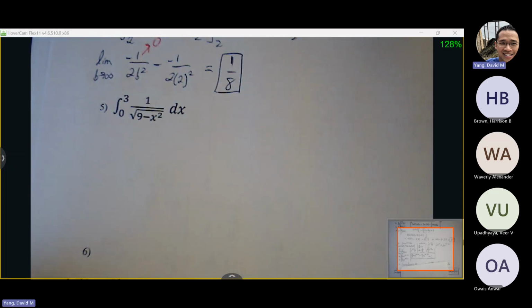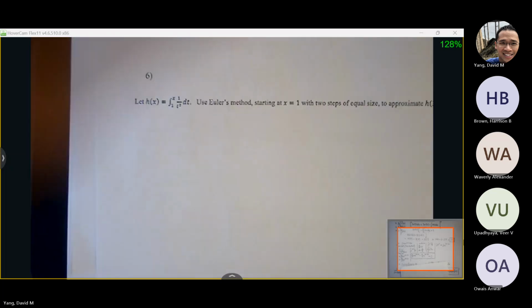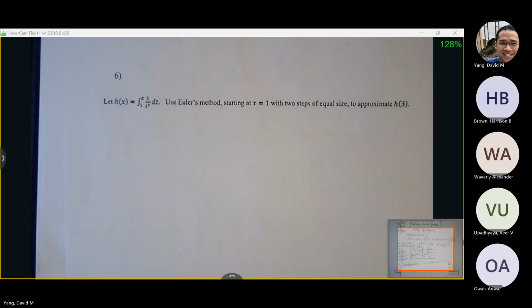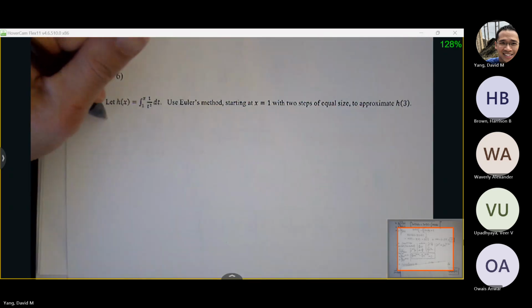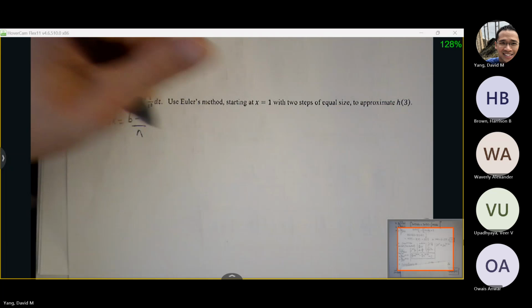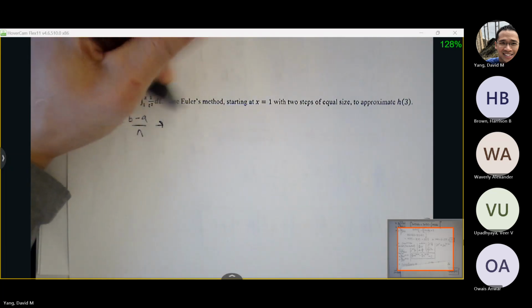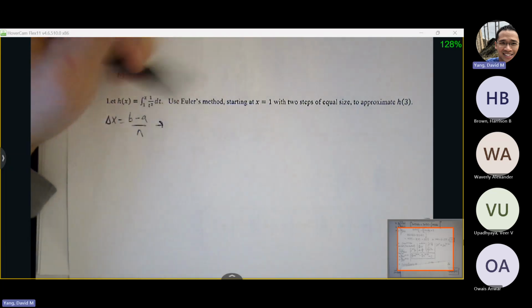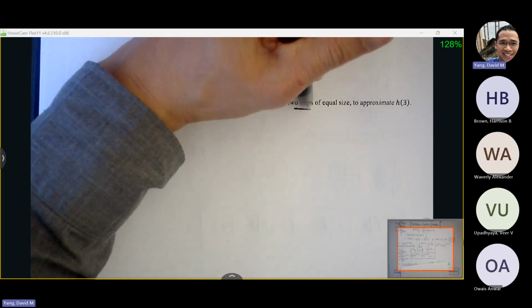Okay, Euler's method. So my A is 1, my B is 3, and my N is 2 steps.